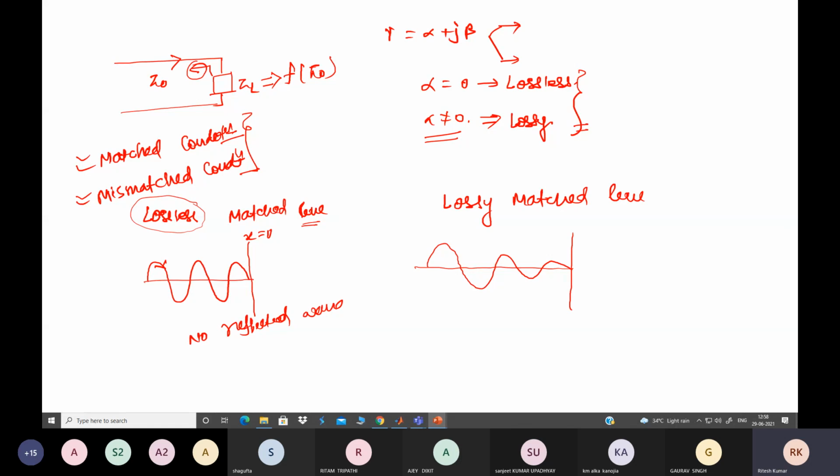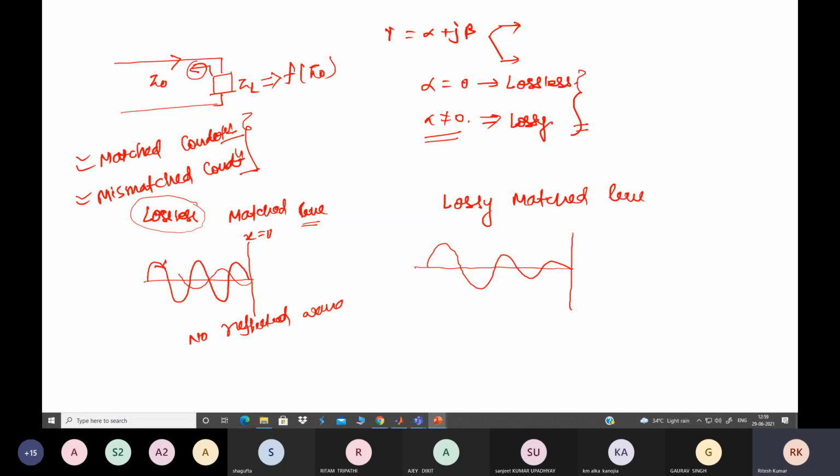Now the third situation is what? Lossless mismatched line. So lossless means what? This amplitude will be constant, but there will be now some reflected wave. So on this line only I am drawing. This is our incident wave. So when we have mismatched condition, there will be some reflection, and a reflected wave can be observed.